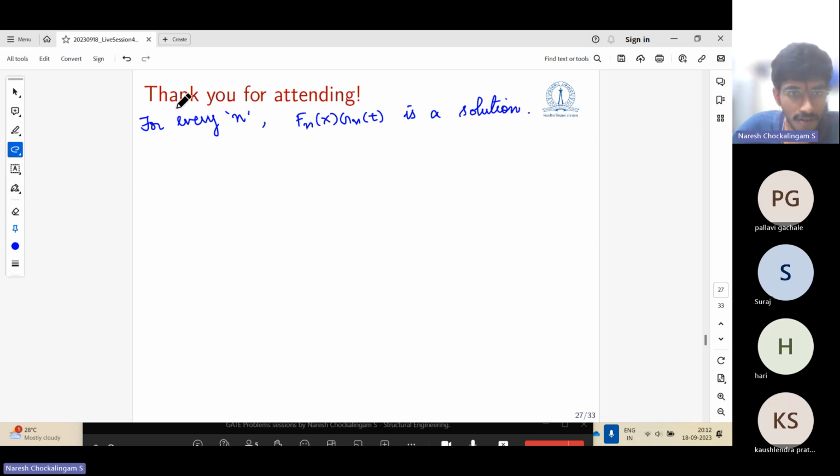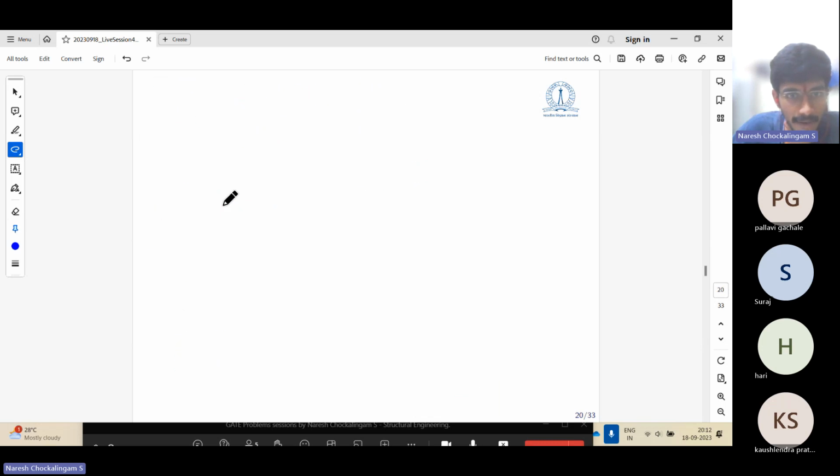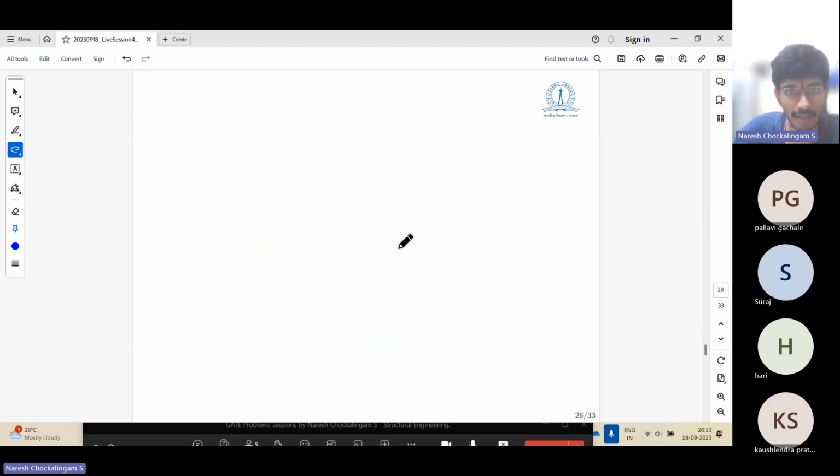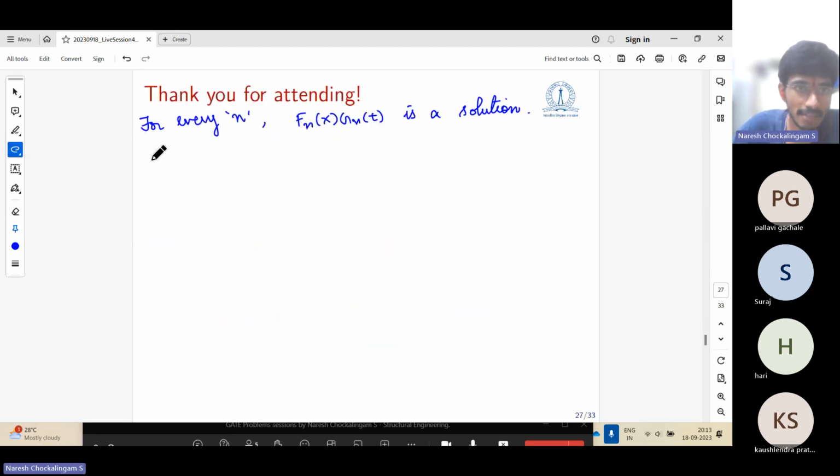And for linear, if you remember, I said while solving, construct the complete solution, right? So suppose you have two independent solutions, then for linear differential equations, doesn't matter if it is ordinary or partial.